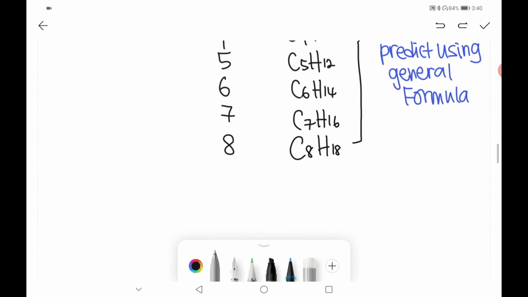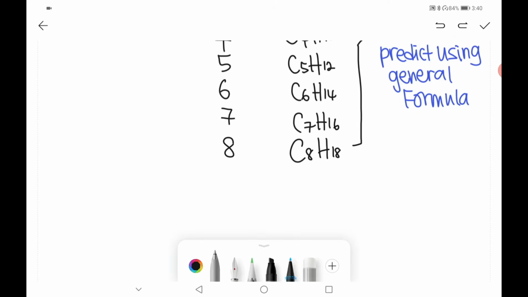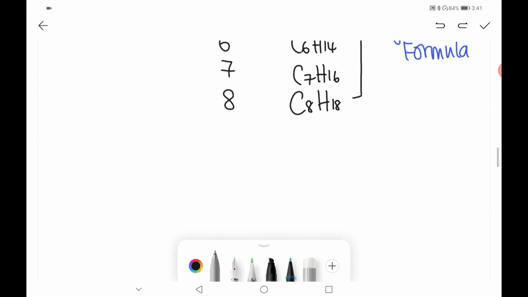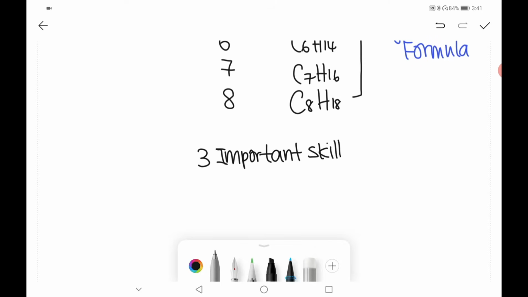Now when you come to this chapter, you need to know 3 important skills that you must be able to master. These 3 skills you not only use in alkane, you will use them in alkene, alcohol, carboxylic acid and other homologous series, over and over again.